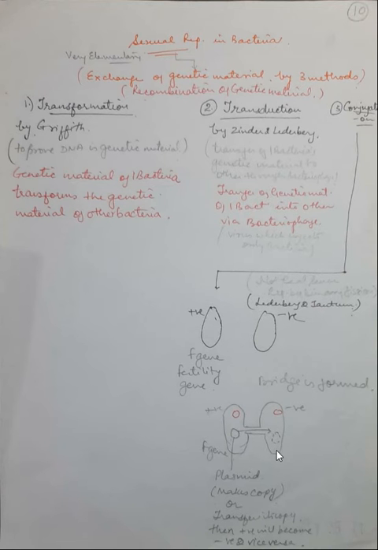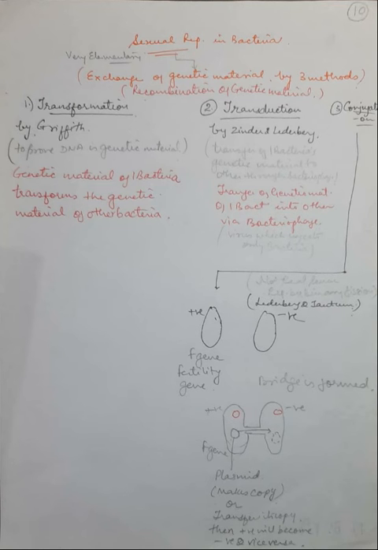In that case, the positive remains positive, and the other one also becomes positive. The other possibility is that it transfers its own plasmid to the negative, so the positive strain becomes negative, and the negative strain becomes positive.